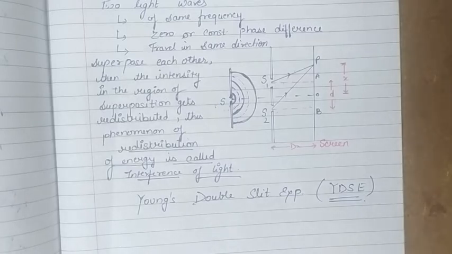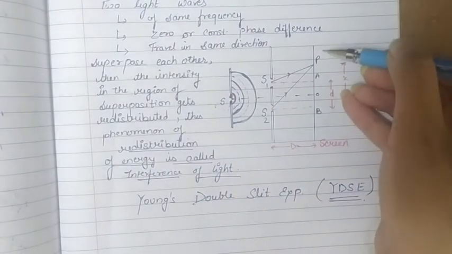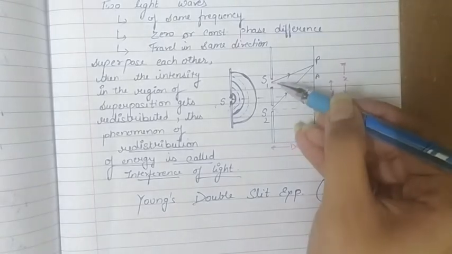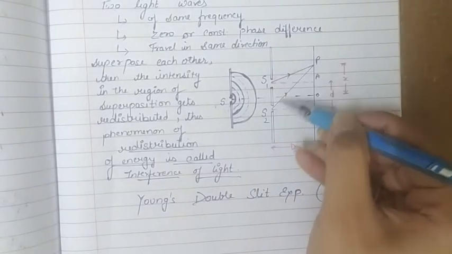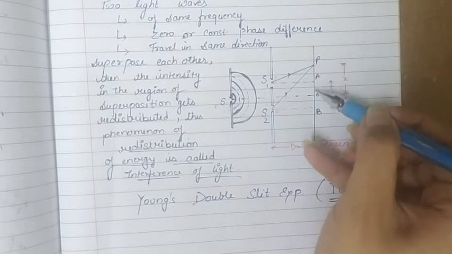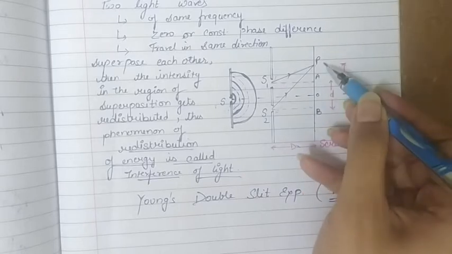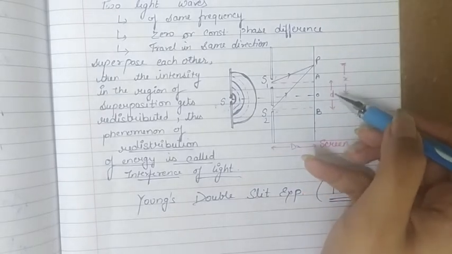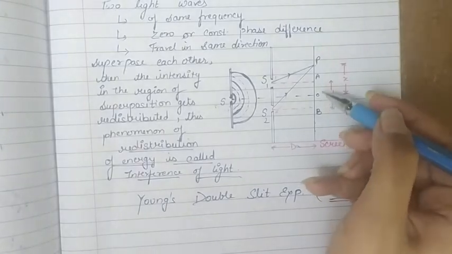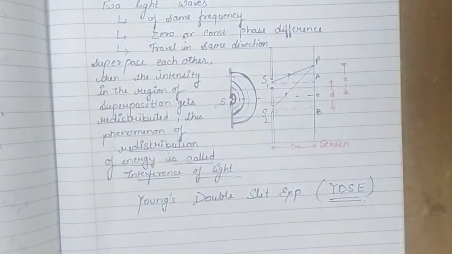With a single source you get uniform intensity on the screen, but when we place two slits, two waves superpose at different points on the screen and give us either bright or dark interference fringes. This phenomenon of interference, experimentally observed by Young, is known as Young's double slit experiment.